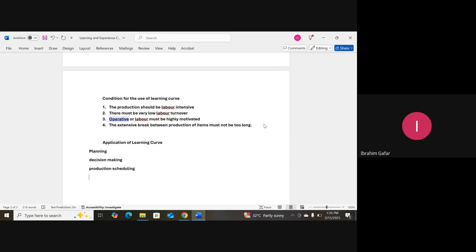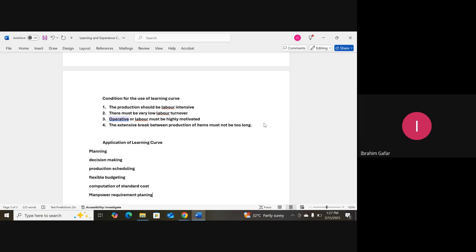You can also use it for flexible budgeting, for computation of standard costing, and for manpower requirement planning.